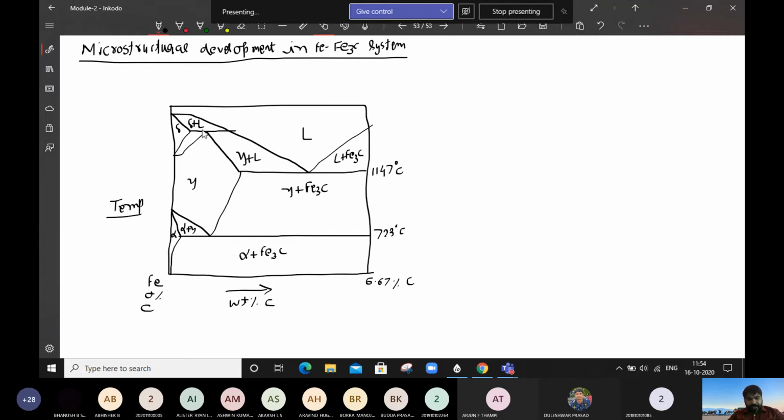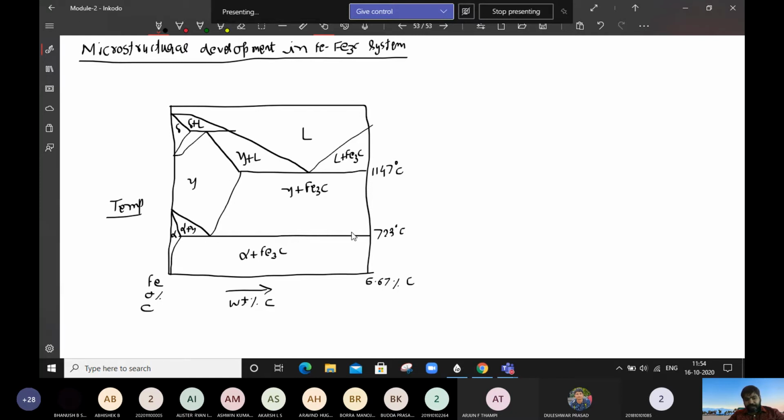Okay, and we are having three horizontal lines. You just see here. This is one horizontal line along which the eutectoid reaction takes place, another along which the eutectic reaction takes place, and another along which the peritectic reaction takes place. So in the iron carbon system, altogether we have three horizontal lines.